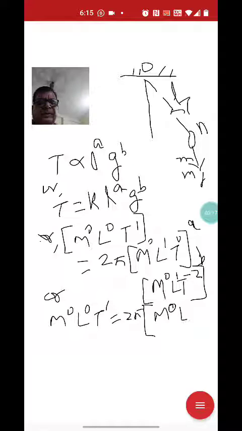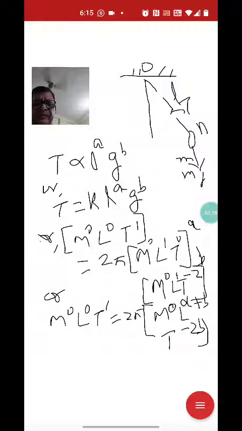Now L to the power 1 multiplied by a is L to the power a, and here L to the power b, so L to the power a plus b, and T to the power 0 into a is 0, and minus 2b, T to the power minus 2b we put here.